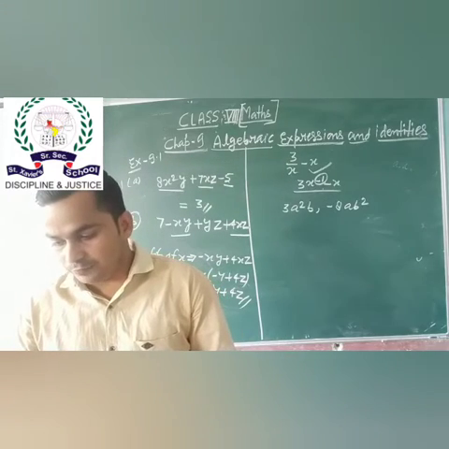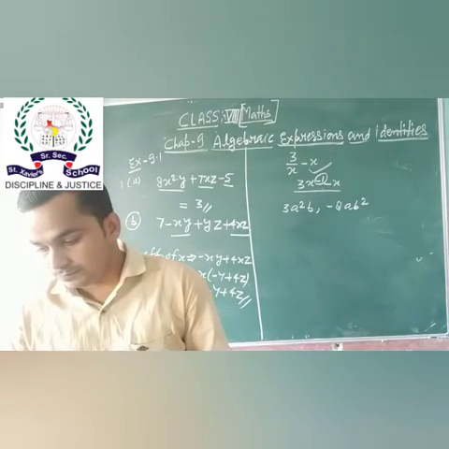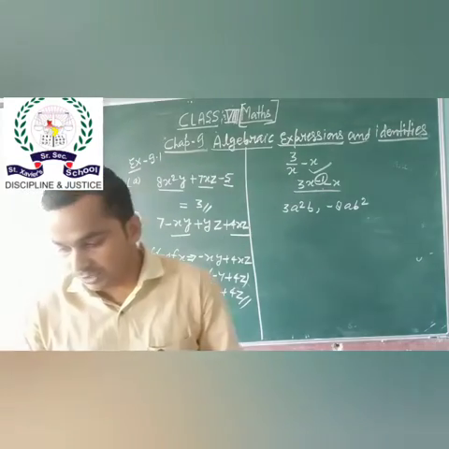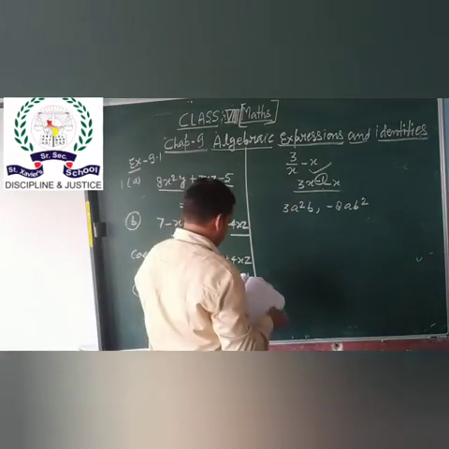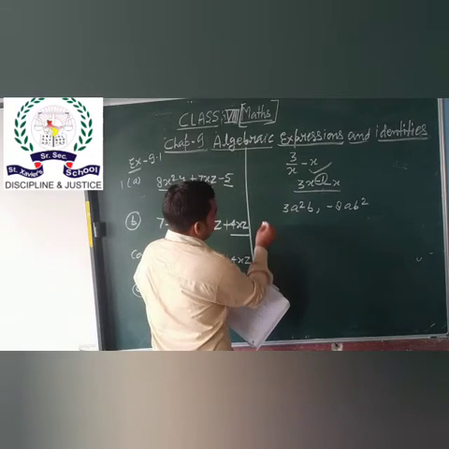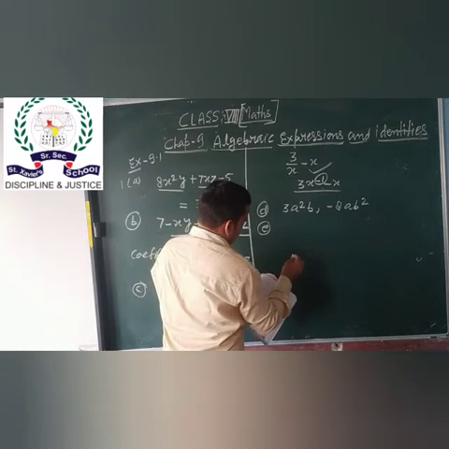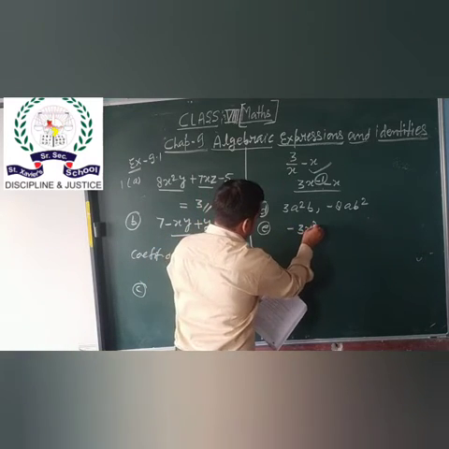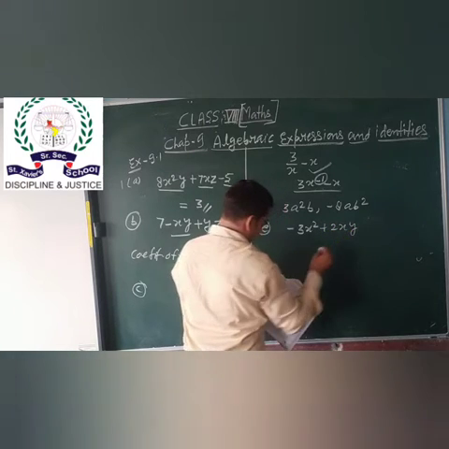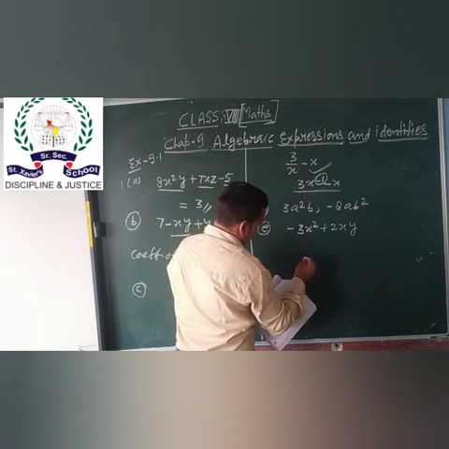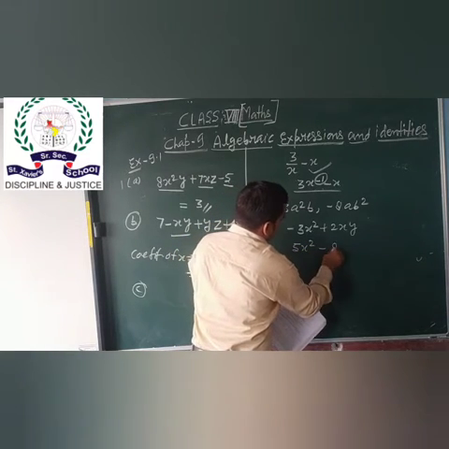Now E part. When two expressions are given, you have to add. The expressions are minus 3x square plus 2xy and 5x square minus 8xy.